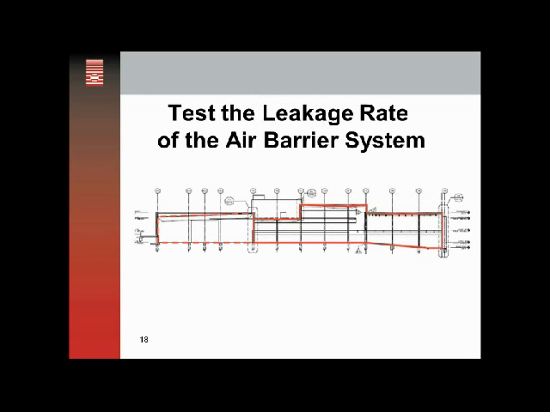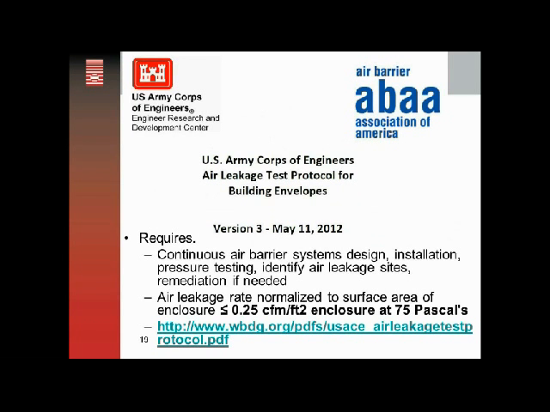We are testing the air leakage rate of the air barrier system. So on any print, when we're into the specifications of materials, we've got to find where the air stops in the building envelope. Because under the 2009 we've got some options, but under the 2012, with a mandatory requirement for a blower door test, we're going to be testing the integrity of these air barrier systems.